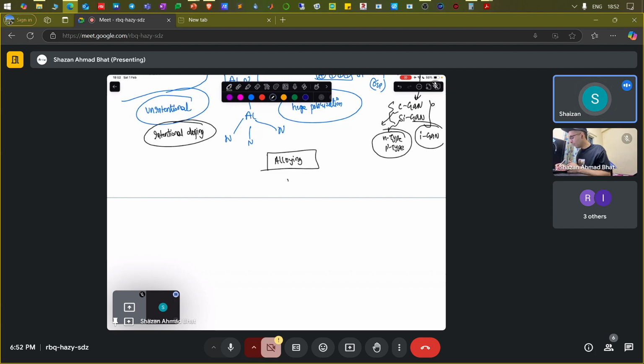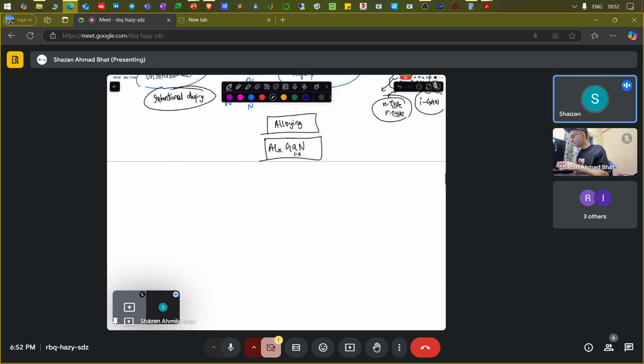Alloying is, let's say you have GaN and you start to increase the concentration of aluminum in it. You represent it as Al_x Ga_(1-x) N. While adding this, you have done something called alloying. And if the Al concentration goes on increasing, that means x increases, the band gap Eg goes on increasing.